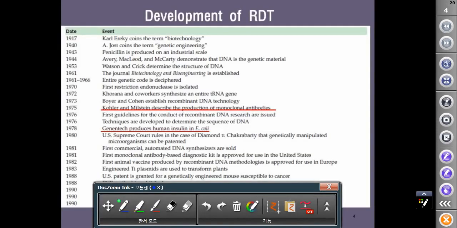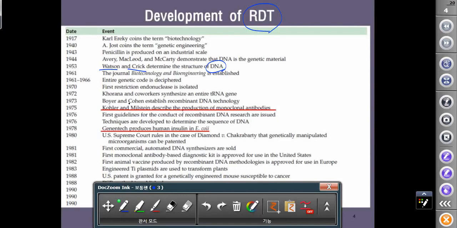Okay, let's take a look at the development of RDT. To be able to do the genetic engineering work, you should first know the structure of DNA, of course. And as you all know, Watson and Crick discovered the structure of DNA, and from that important work, they won a Nobel Prize.